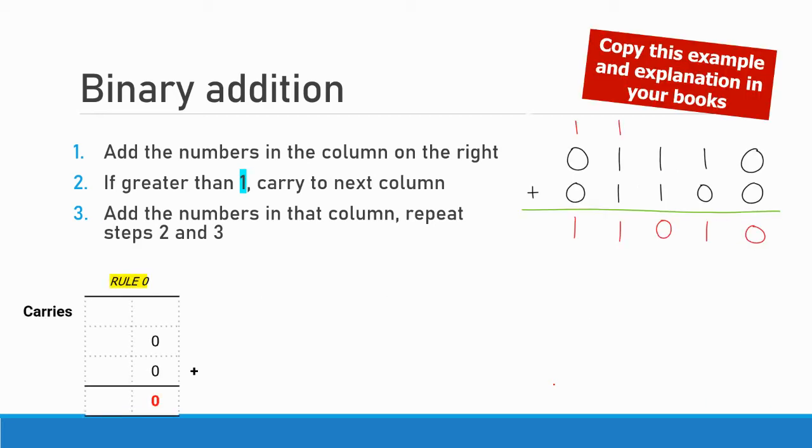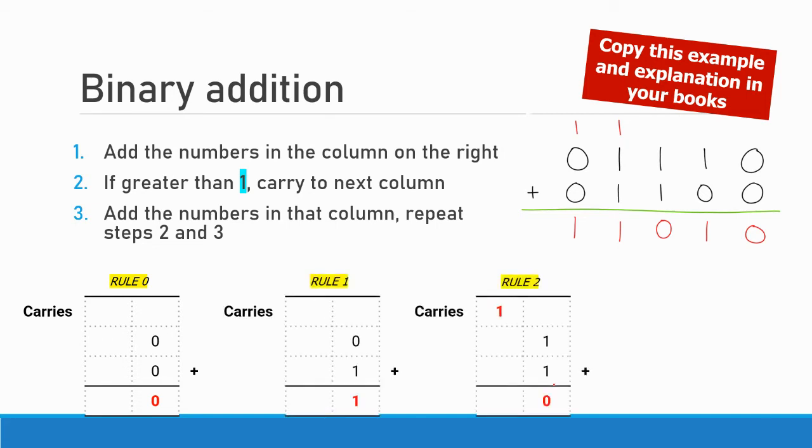If you don't quite understand how to do it that way, I've written down some rules for you to follow. Every time you get to a new column, all you need to do is follow these rules. If you get to a column and it adds up to 0, then just write a 0 underneath. If you get to a column and it adds up to 1, whether that's 0 plus 1, 1 plus 0, or 1 plus 0 plus 0, the answer's still 1.